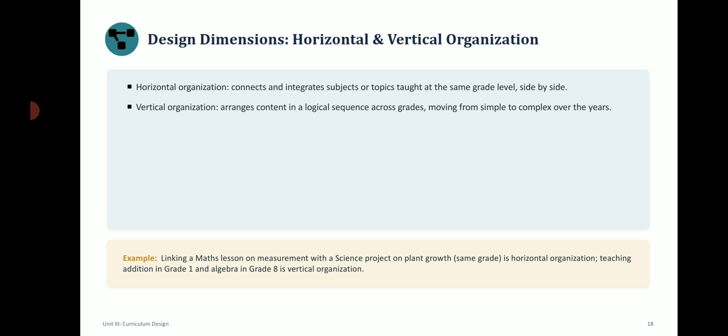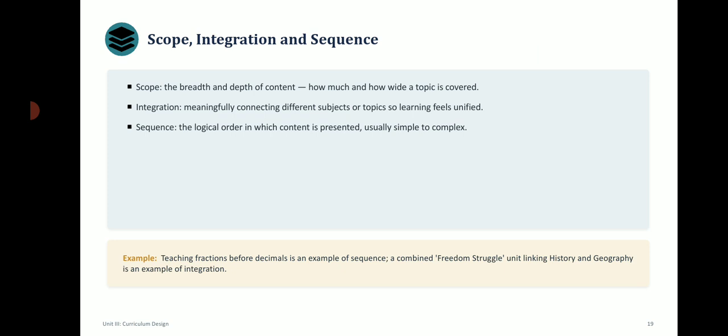Okay. So how this is designed, top down instruction, down top instruction, like this. Okay. So next, scope, integration and sequence. According to Saylor, first scope. Scope is defined as the breadth, variety and types of educational experiences that are to be provided to people as they progress through the school program.